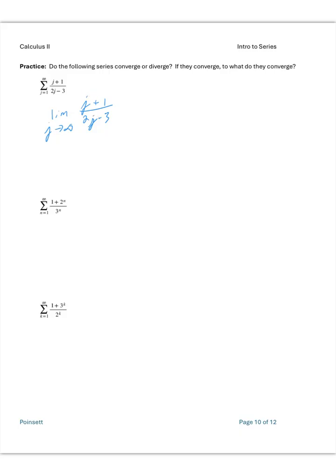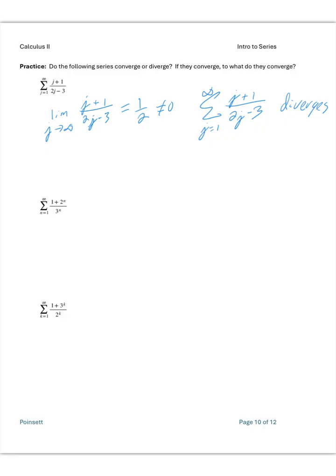The numerator and the denominator both have the degree of 1, so the limit would be the ratio of the leading coefficients. That would be the same here for this sequence, meaning this limit is 1/2. Now, by the divergence test, since that limit is not equal to 0, we can conclude that the series as j goes from 1 to infinity of (j + 1) over the quantity (2j - 3) diverges.